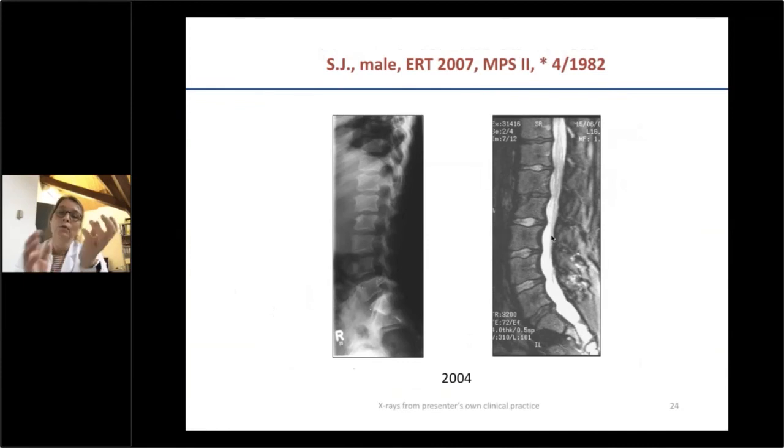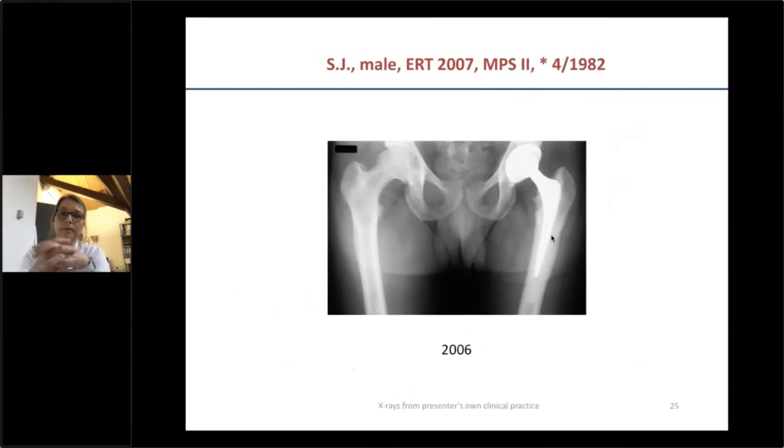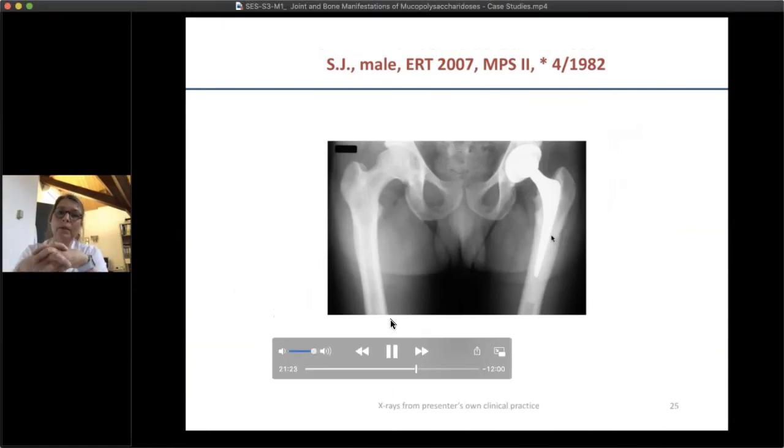So if you want to decide what to do, you have to be very sure what is causing the pain. Because if the pain is mainly due to the hip, this procedure is the one to do.